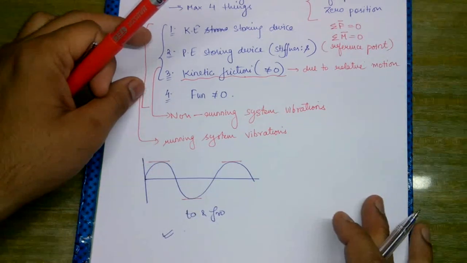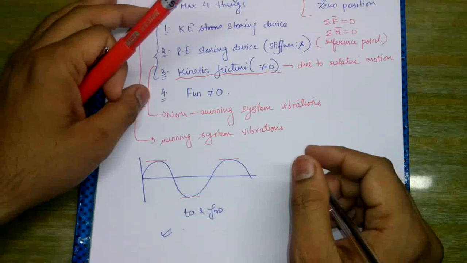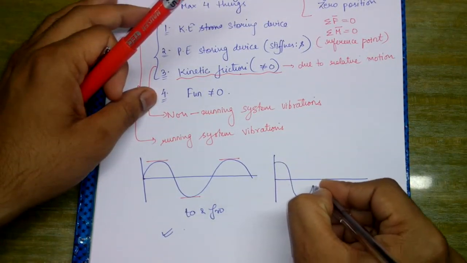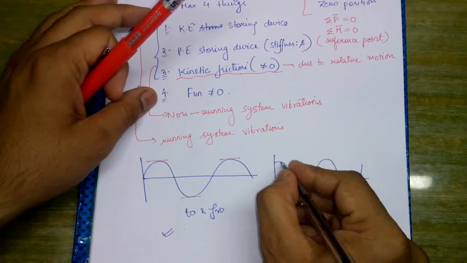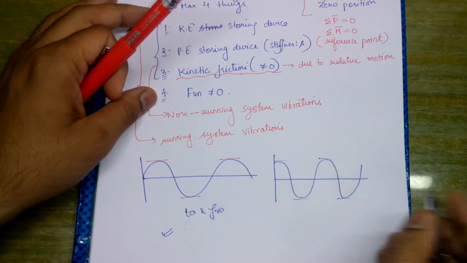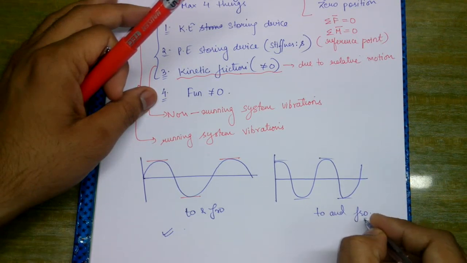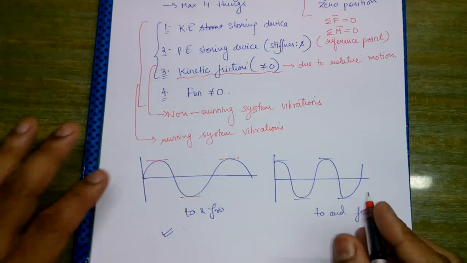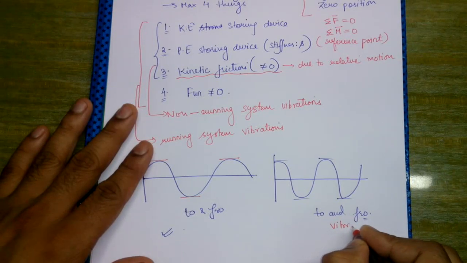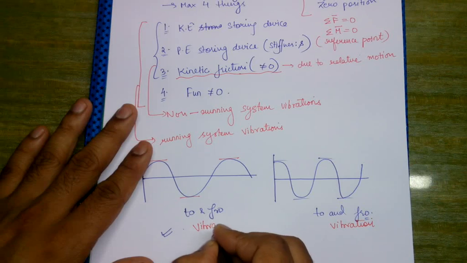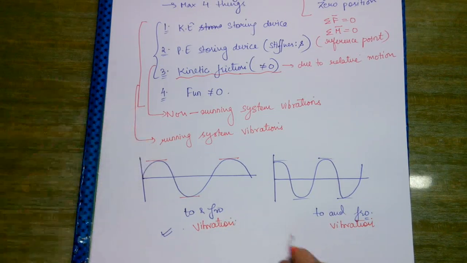This type of motion can be termed as vibration. Okay, if we draw a cos wave, then in the cos wave also we have the same type of to and fro motion, and hence it is also a type of vibration. So this is to and fro vibration, and this is also a part of vibration.